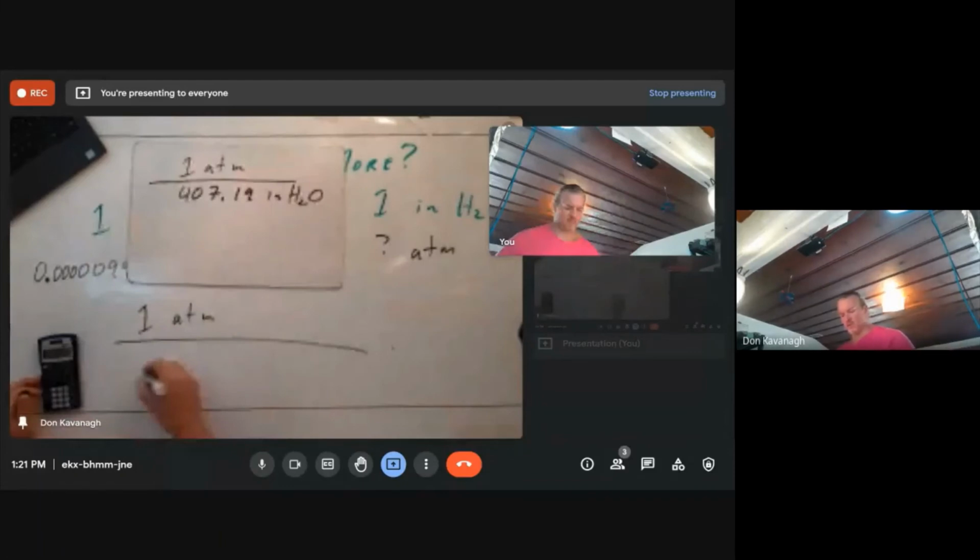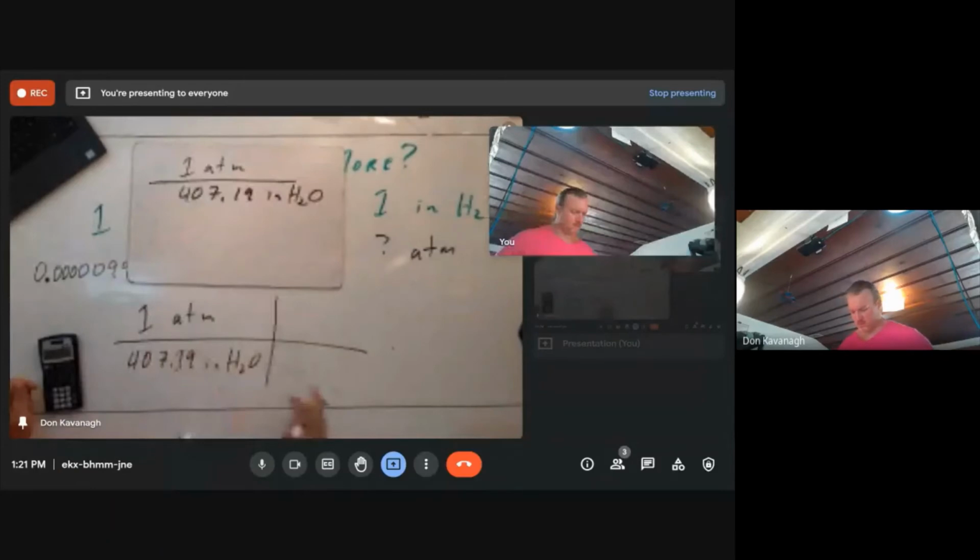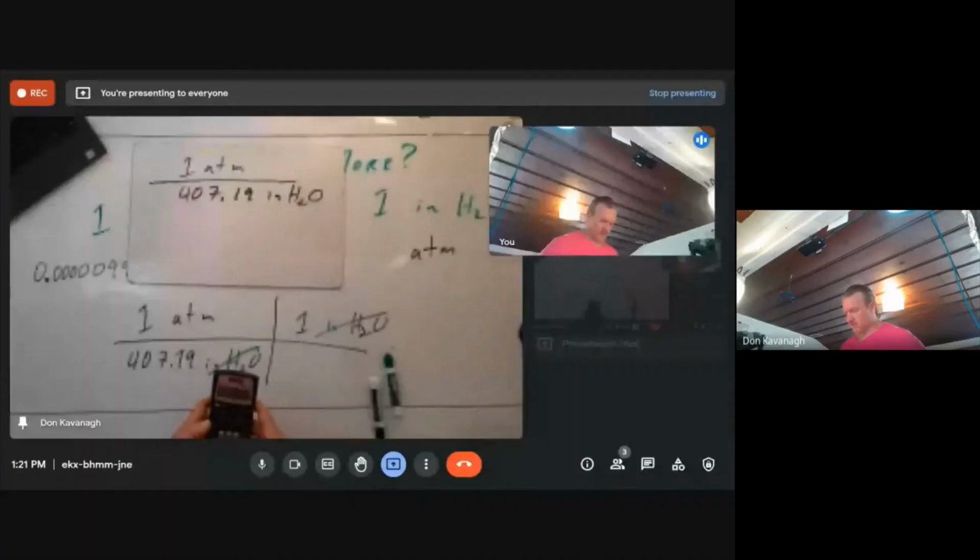The unit we're looking for is in our numerator. We need to cancel out inches of water. We're told to have 1 inch of water. Those cancel. 1 times 1 divided by 407.19. 0.0024.